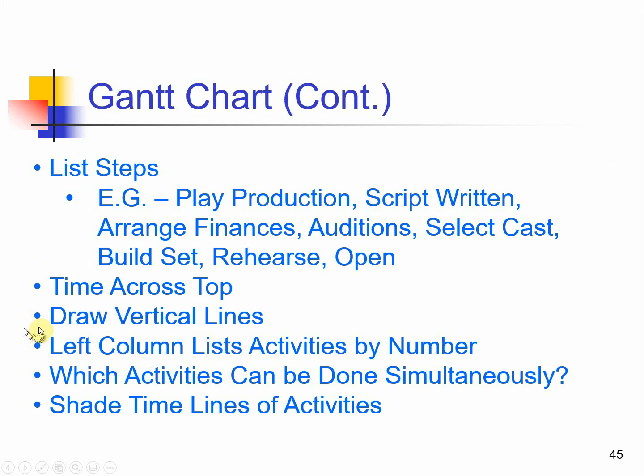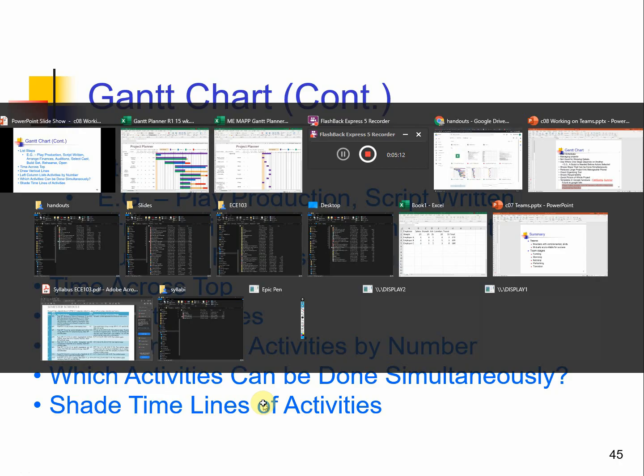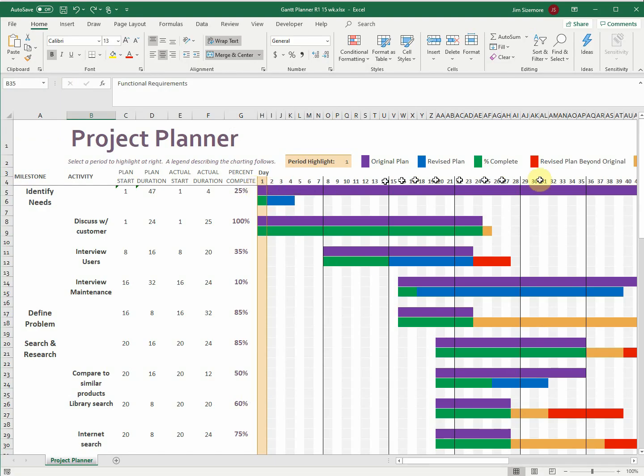Decide which things can be done simultaneously. One person does one thing, one another, and shade the timelines of activities. Of course, the shading is done automatically. Some things are done at the same time. You can put a note about who's going to do it over here.